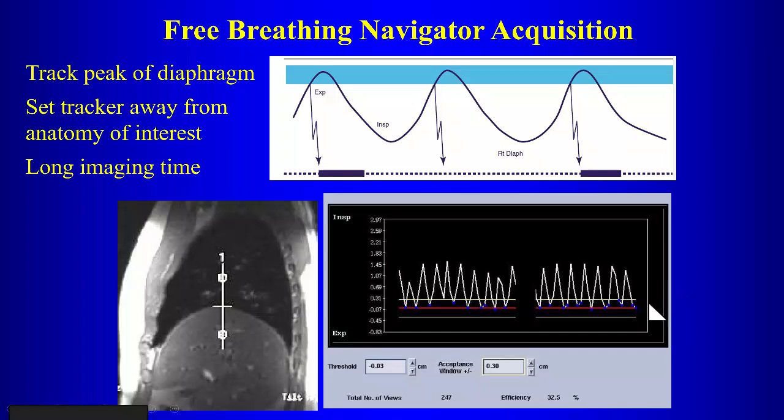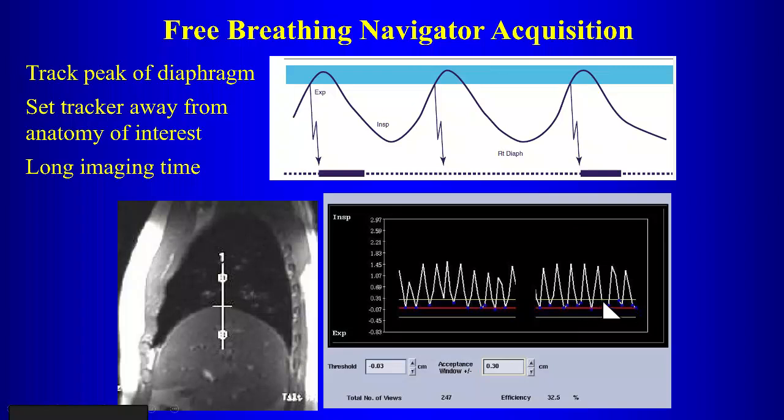Okay, that's why it's going to take a long time, right? So we're going to shoot first, have the patient breathe throughout the imaging sequence, track the diaphragm, pick the information where the diaphragm is within our window, and that's the information we use to generate our images. That's called free breathing navigator acquisitions.